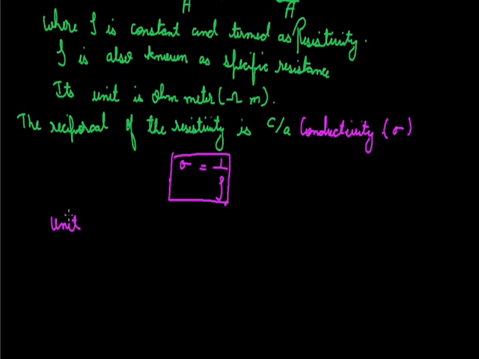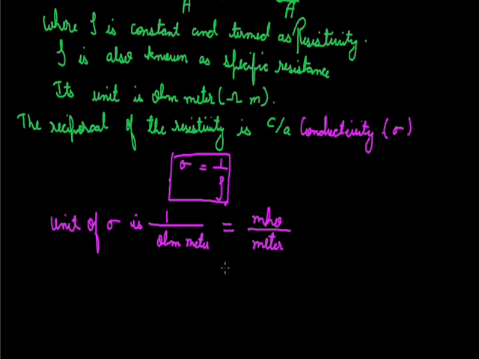Unit of sigma or conductivity is 1 by ohm meter, which can also be written as mho per meter, because 1 by ohm is equal to mho.